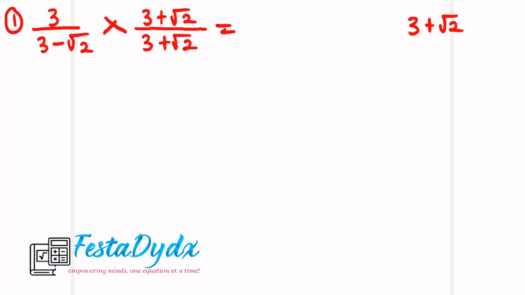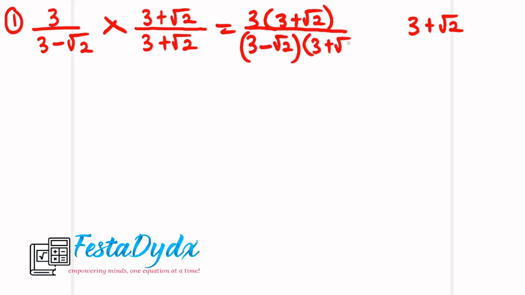Remember, you are multiplying the numerator and denominator by 3 plus root 2, the conjugate. The first thing we have to do is bring them together. So the numerator becomes 3 times, bracket means times, 3 plus root 2. Then all over, I'll bring the denominator together: 3 minus root 2 times 3 plus root 2.